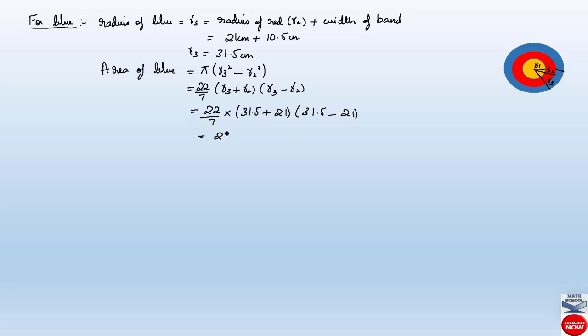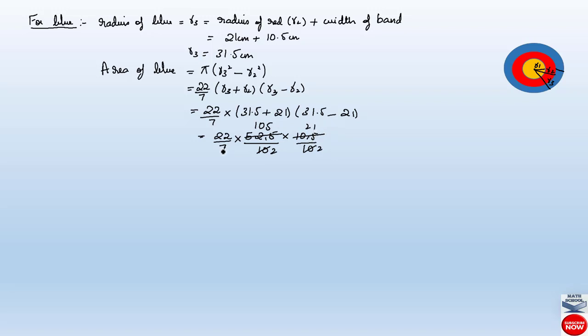So that will be 22 divided by 7 into 31.5 plus 21, which is 52.5, into 31.5 minus 21, which is 10.5. So again we will remove this decimal point by adding 10 to the denominators and cancel. 5 2s are 10, 5 1s are 5, add a 0, 5 5s are 25. Again 5 2s are 10, 5 2s are 10, 5 1s are 5.